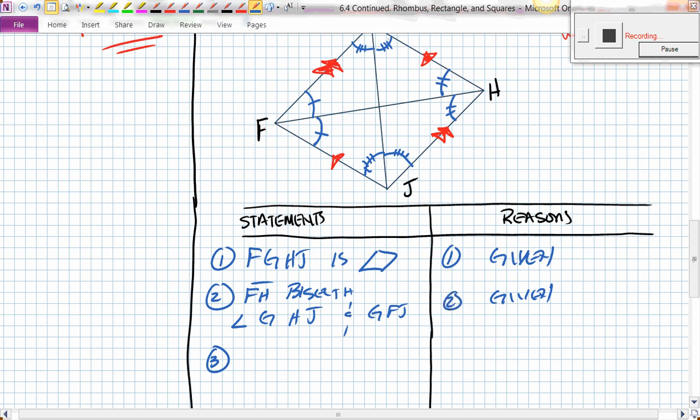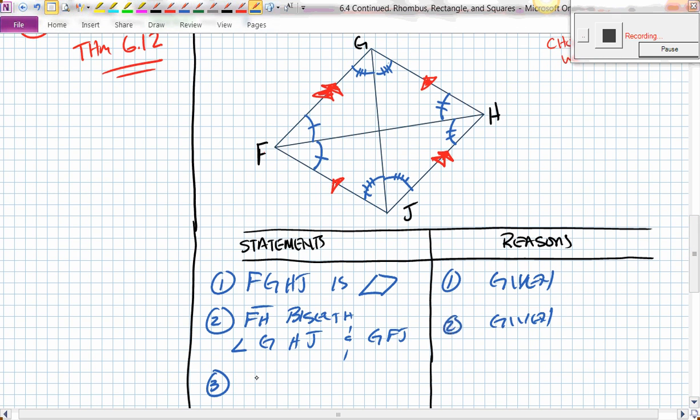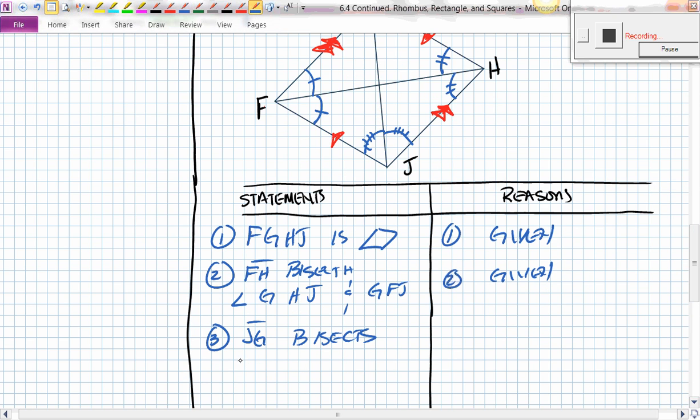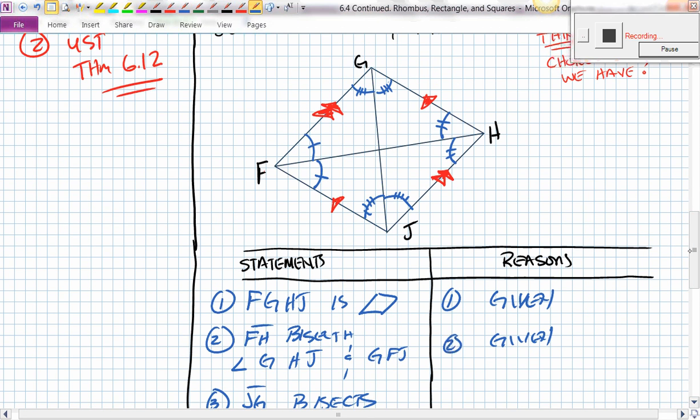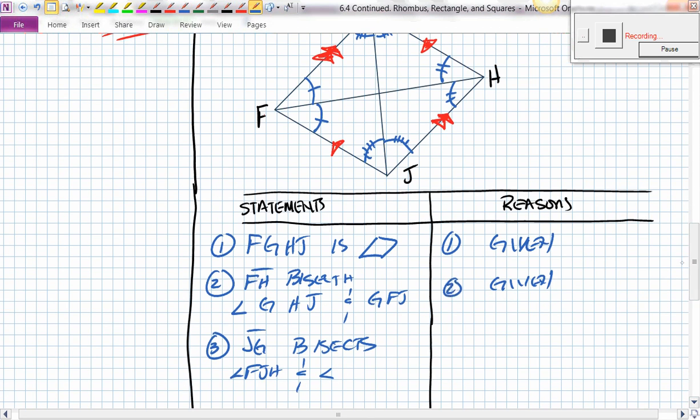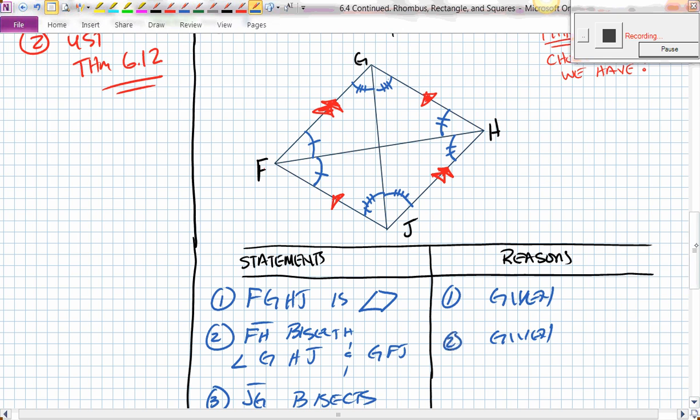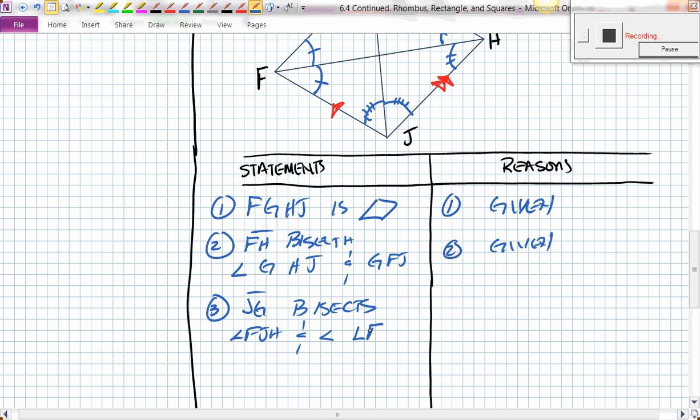Number 3. What's the other diagonal, everybody? JG bisects what? Angle FJH and angle FGH, right? JG bisects FJH and FGH. Am I saying that right? Yeah, I am. Okay. 3.